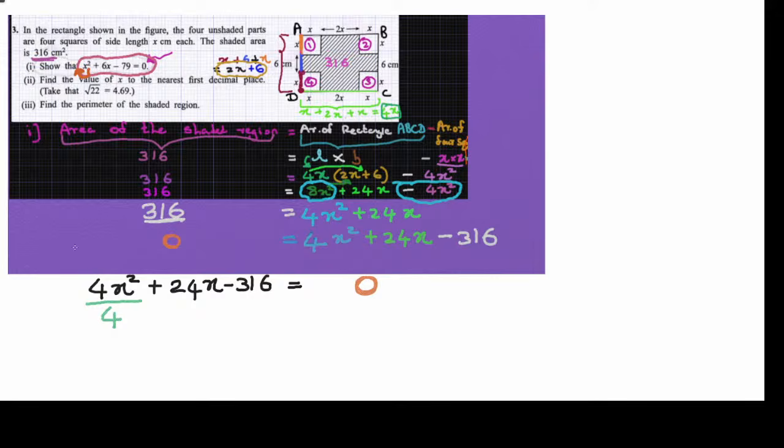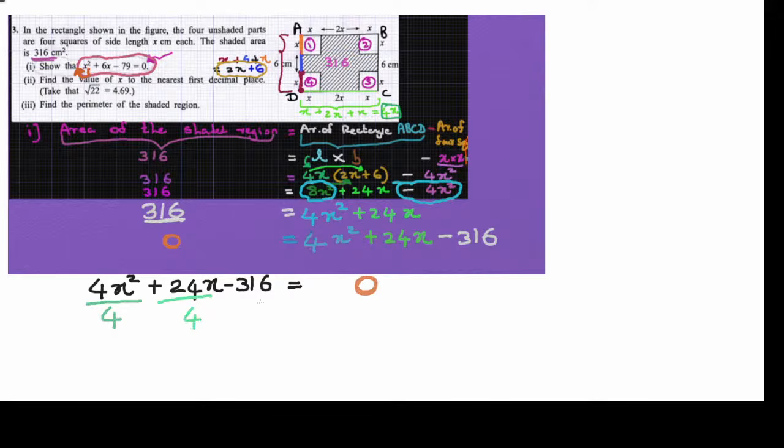But can I simply divide only 4x squared by 4? No, if I do so, this equal sign will no longer stay with us. He'll say, hey, come on, that is unfair. I can't just divide only one term by 4 when it comes to an equation. If I'm dividing a term by 4, I have to divide all other terms of the equation by 4.